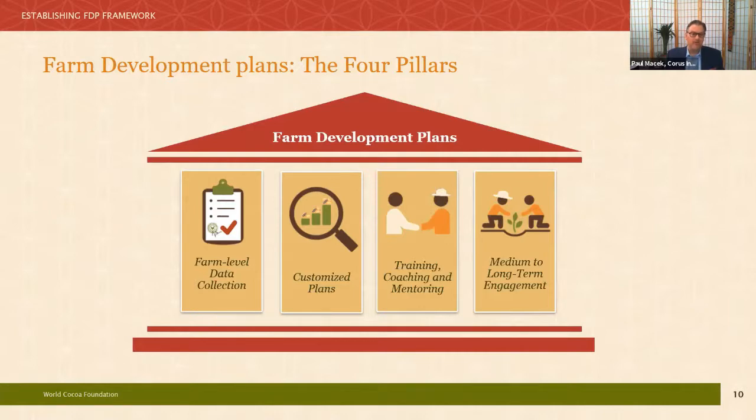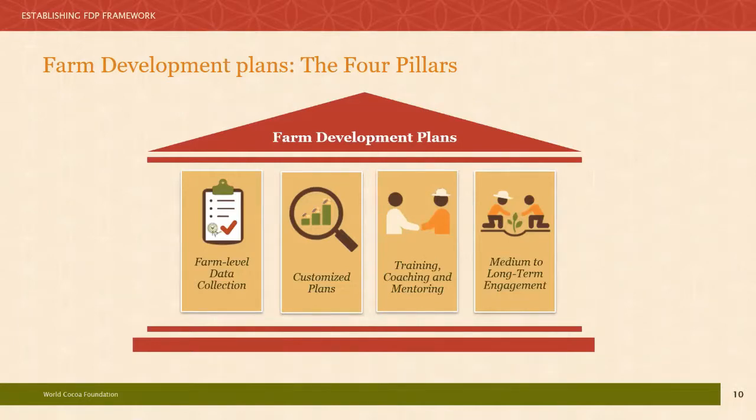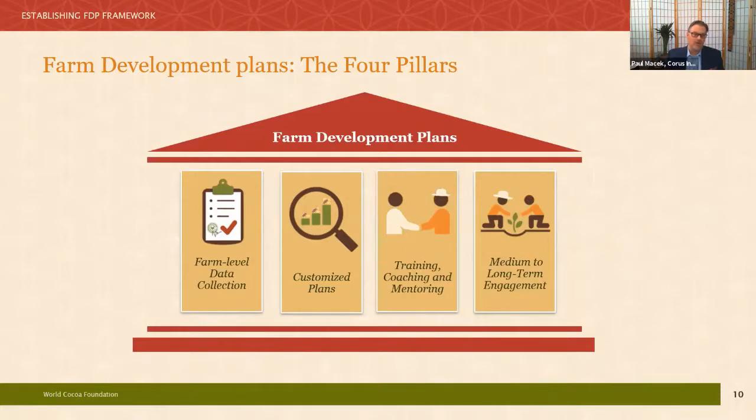The first pillar is farm level data collection, which is very specific, and I'll talk more about that. Then there's the customization of the plan. Often this happens through various algorithms that are predictive in nature. One could even call them artificial intelligence at some level, and they may eventually be combined with powerful AI capabilities and technology to take that farm level data with known productivity and yield information and project the potential return on investment from that farmer.